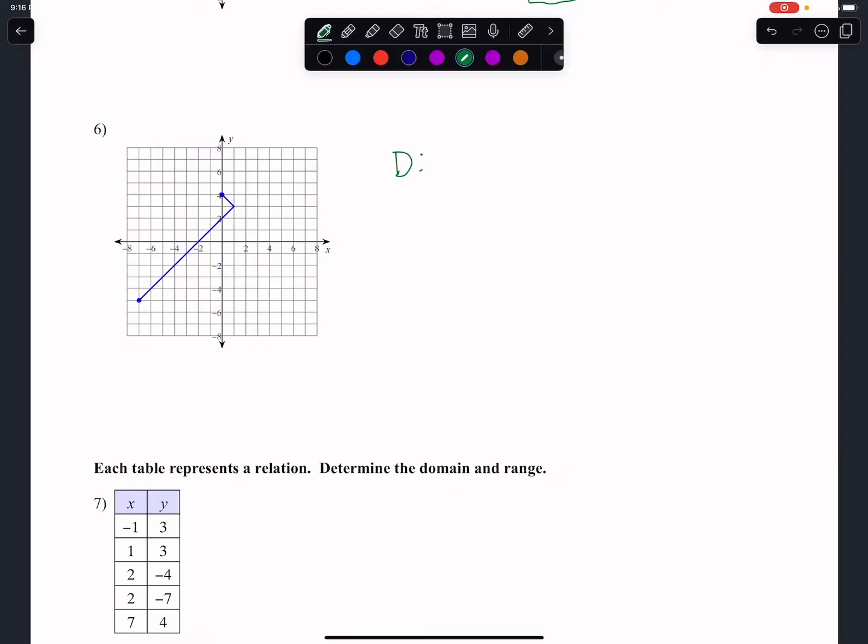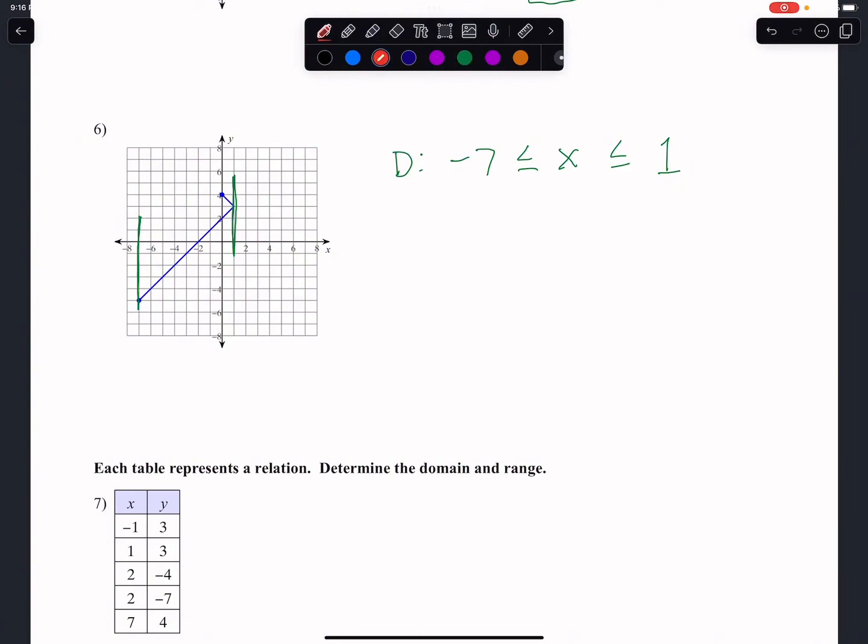So domain, furthest left this goes -7. Closed dot. Domain is always X. Furthest right it goes 1. Closed 1. Piece of cake.